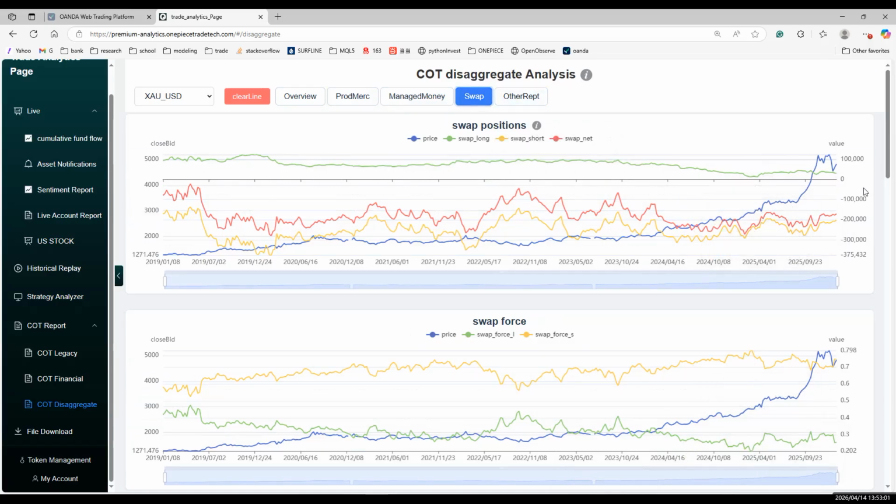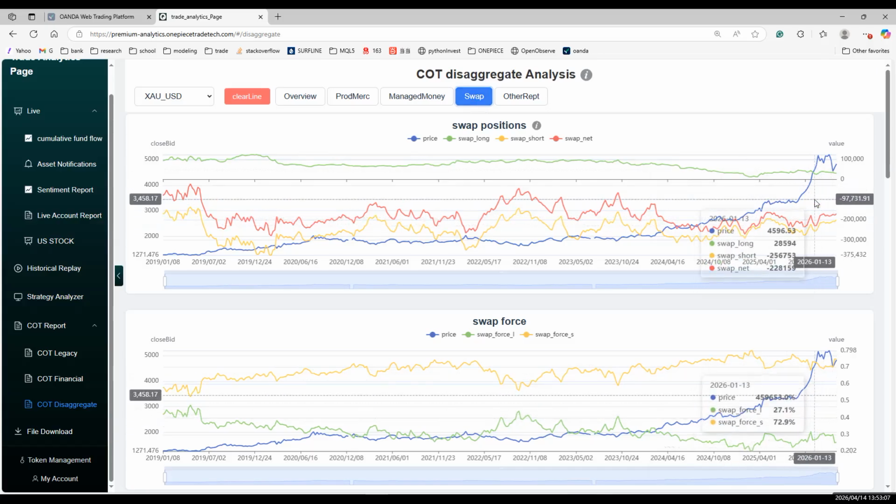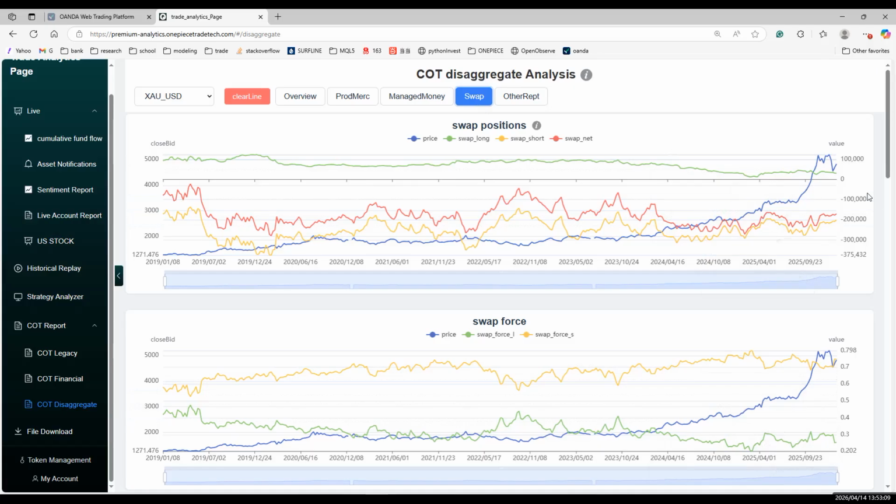So as the buyers open fewer long contracts, they open fewer short contracts, which is fine, nothing alarming. But from both the disaggregated and legacy reports, the takeaway is quite aligned, which is that the speculators in recent months reduced their exposure on the long side.